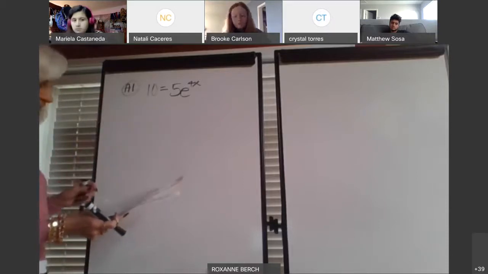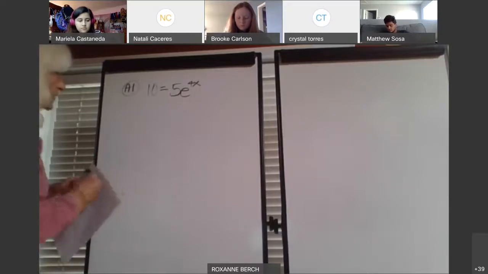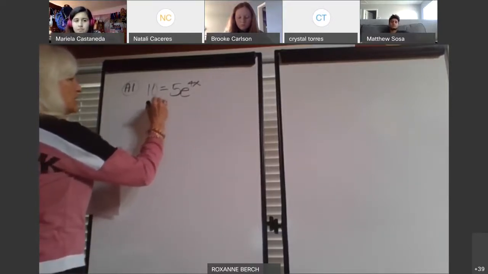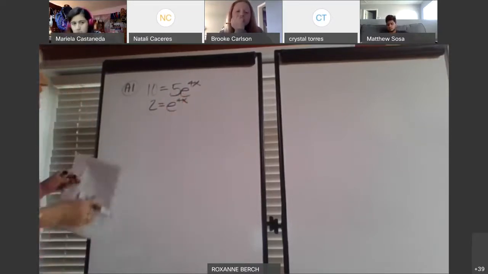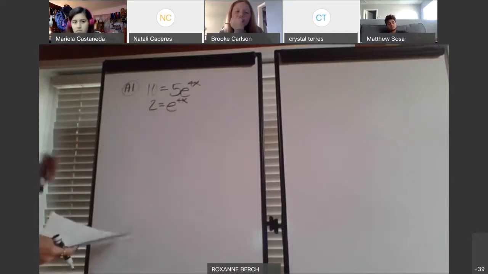So in this first method, I'm going to simplify it first. So divide both sides by 5. So you would have 2 is equal to e to the 4x. And now we're just stuck. So the question is, what should we do?